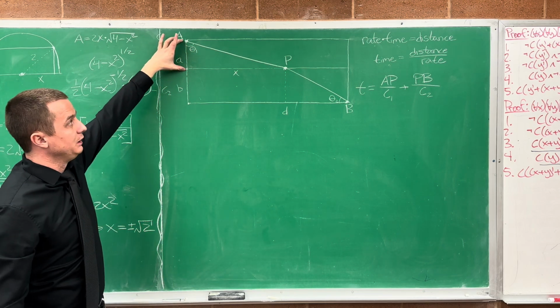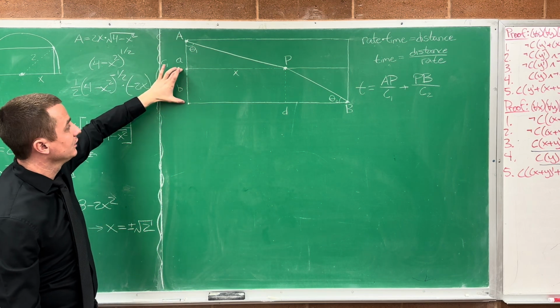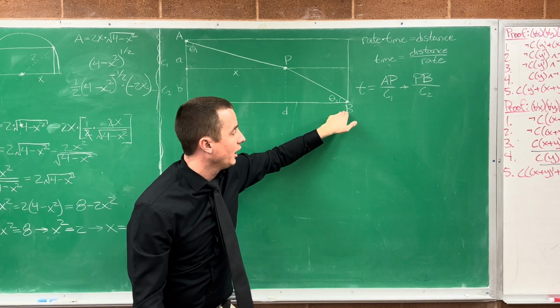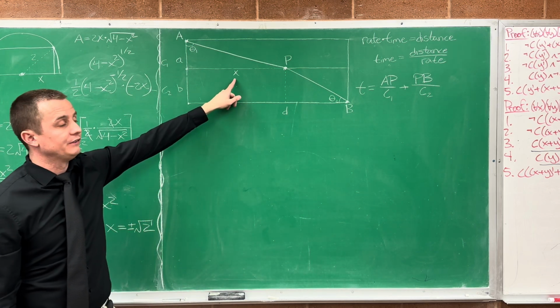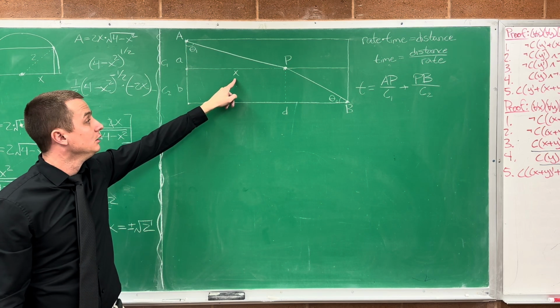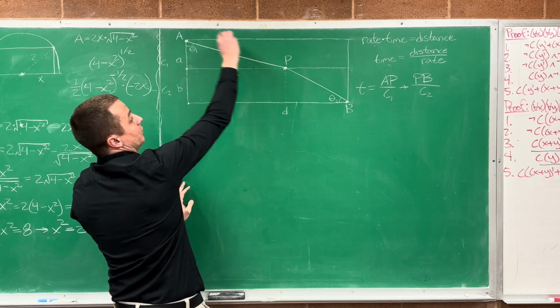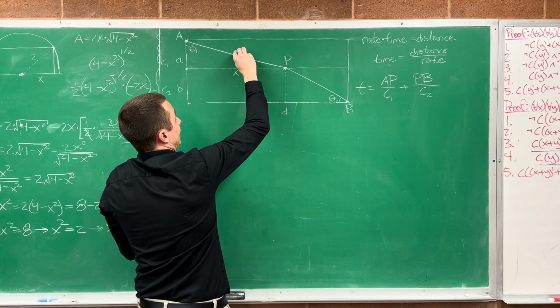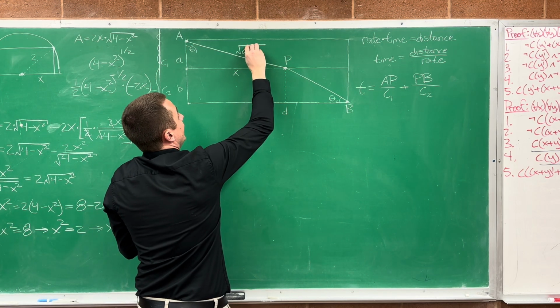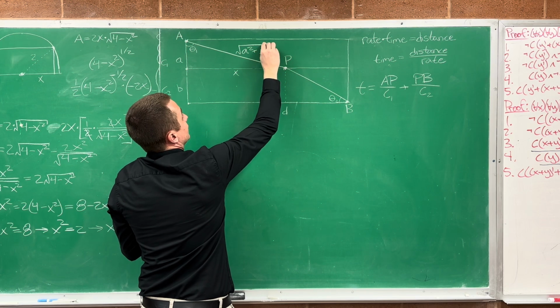We know how thick this medium is. We know how thick this medium is. And we know how far B is over. So X is our only variable here. What's the distance from A to P? A squared plus X squared, under the radical. A squared plus x squared is that distance.